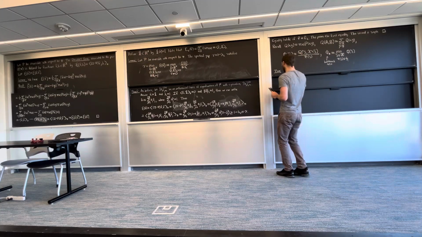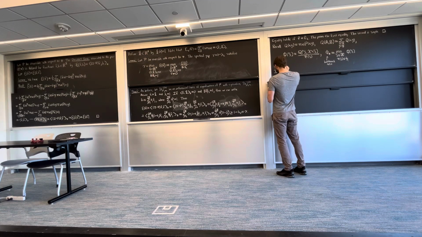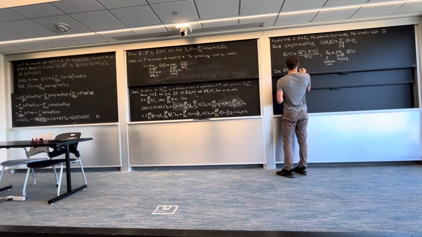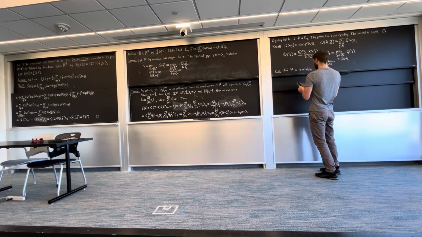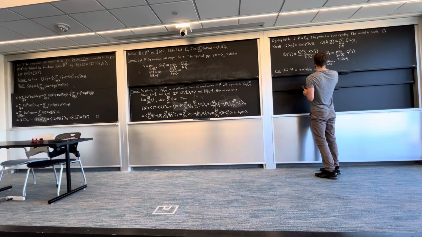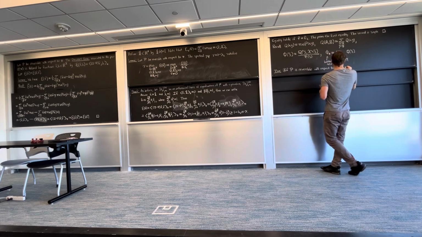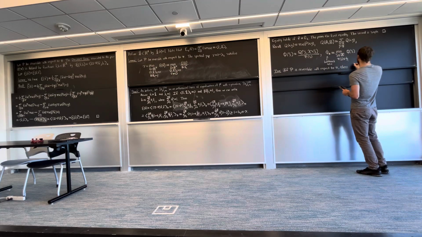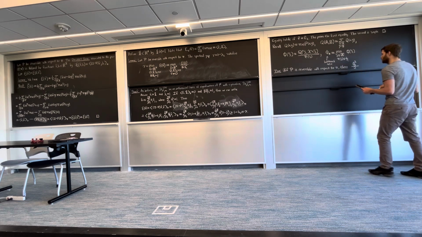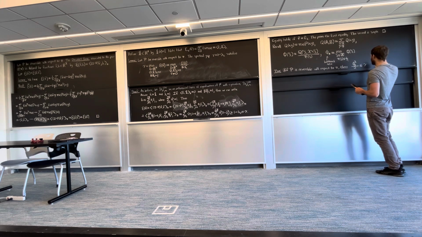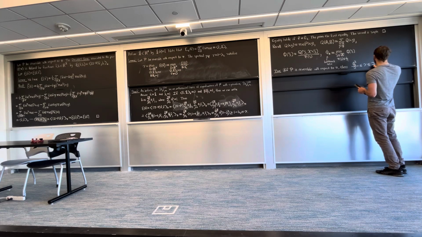Let's say P is reversible with respect to pi, then we have these bounds: phi star squared over 2 is less than or equal to the spectral gap, which is less than or equal to 2 phi star.